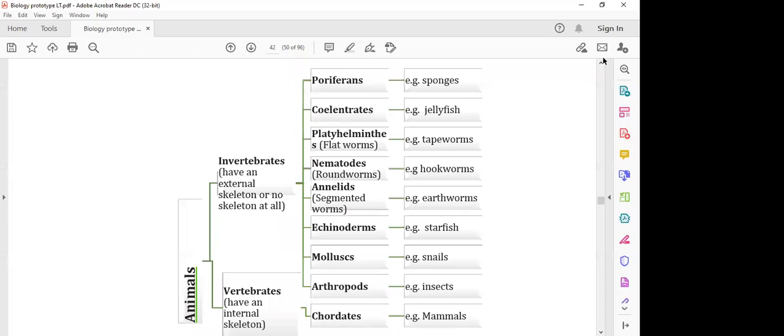Then we talked about echinoderms, or phylum Echinodermata, which has the starfish, then Mollusca, phylum Arthropoda, and then later the chordates. By the time we left, we were looking at these echinoderms.